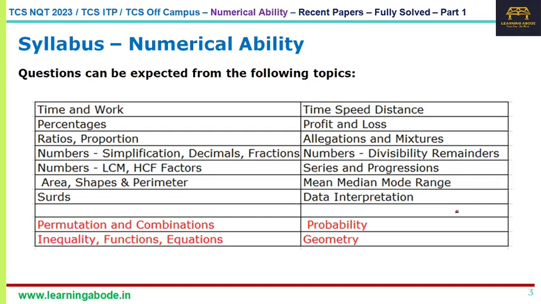Series and progression I have not seen much, but you get questions on areas and perimeter, mean, median, mode, even a question on range. Questions are also asked on surds, where you may have to use some algebraic formula.